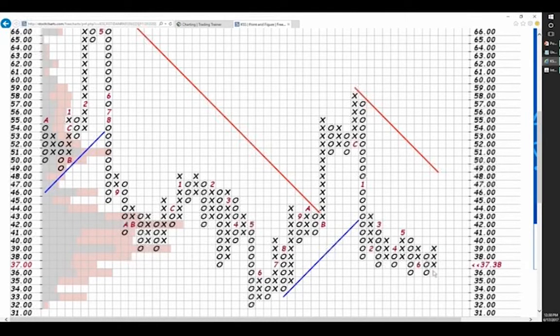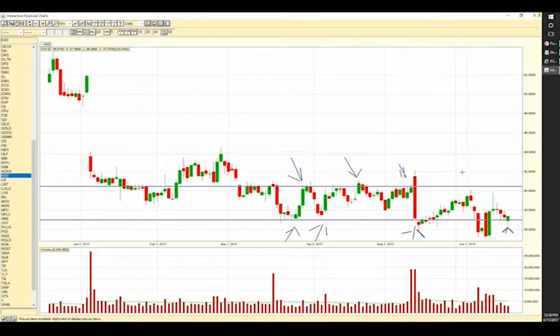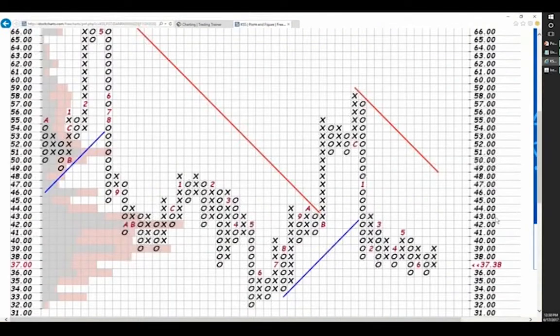So I like to double check my support and resistance line that I find here on the price and volume chart with the support and resistance line I find on the point and figure chart, along with the volume at that place, and see if that truly is a line of support or resistance that people are subscribed to. Does that make sense? How many with the show of hands that makes sense? Excellent, excellent. Let's go on to the next one.